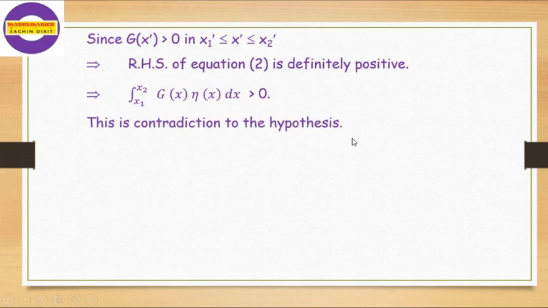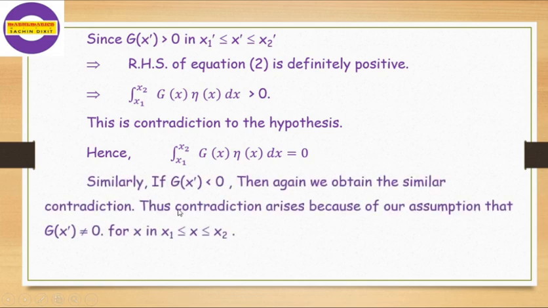But this contradicts the hypothesis. Hence, the integral from x1 to x2 of g(x) eta(x) dx is equal to 0. Similarly, if g of x dash is less than 0, then again we obtain a similar contradiction.